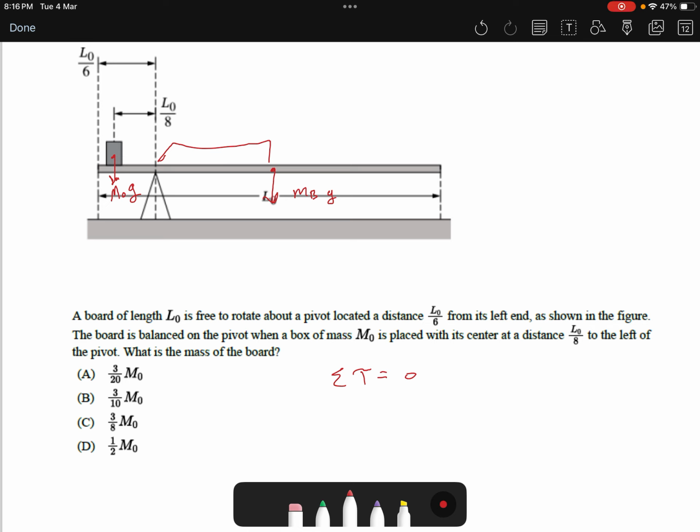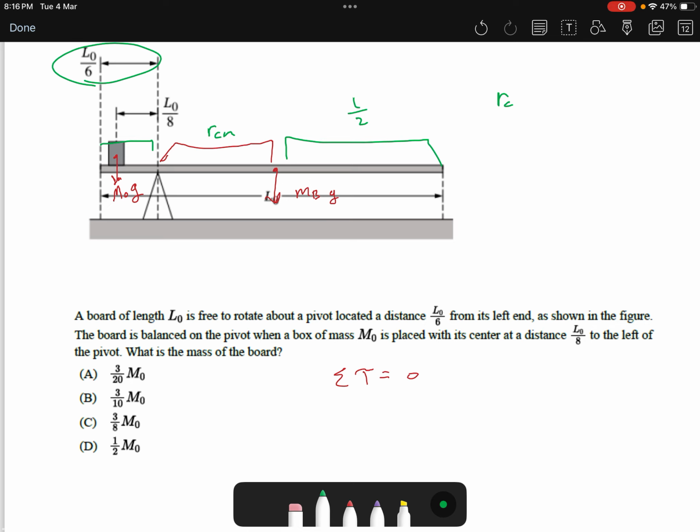Since this is L over 2, and this one is L over 6, the rest, let's call it RCM, equals L minus L over 2 minus L over 6. So RCM equals L over 3. Yes, it will be L over 3.